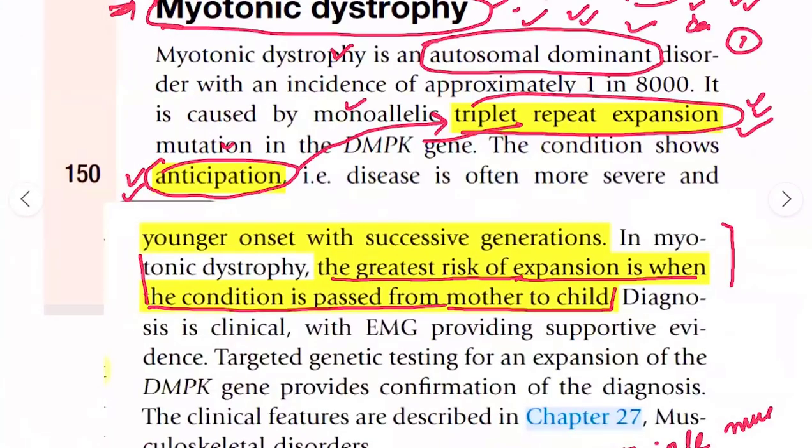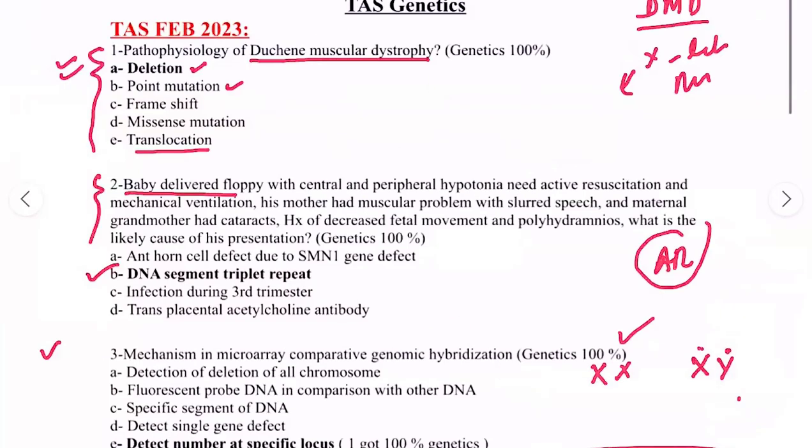If the father is a carrier, it means both X and Y of this father are affected. They are talking about the girl. What is the chance of her daughter being a carrier? The daughter will definitely get this X from the father, which is affected. See here, if the mother is a carrier, they say the mother doesn't know her status. Most likely she will be a carrier. Why? Her maternal grandfather died from a sickle cell crisis. She may be normal, she may be a carrier.